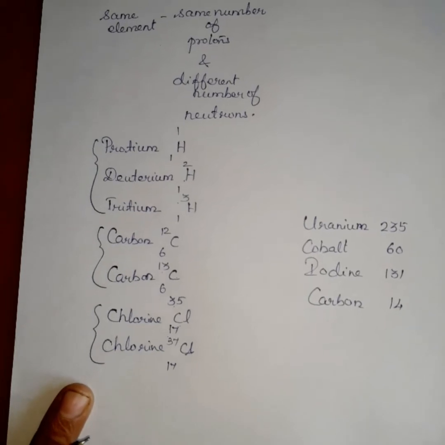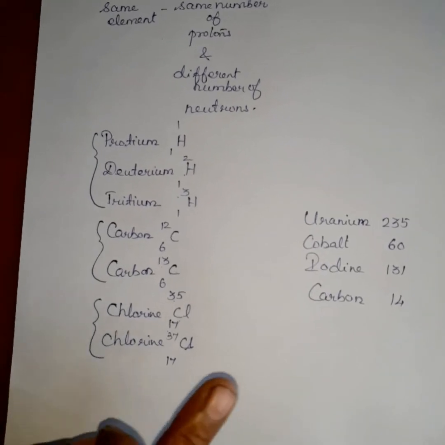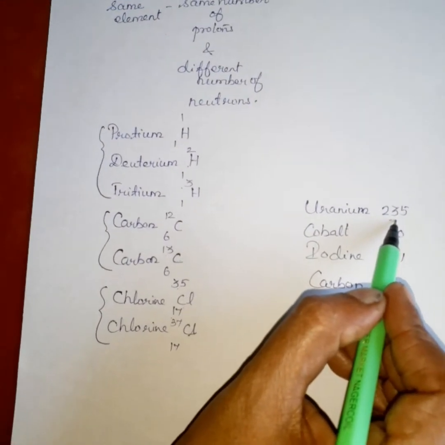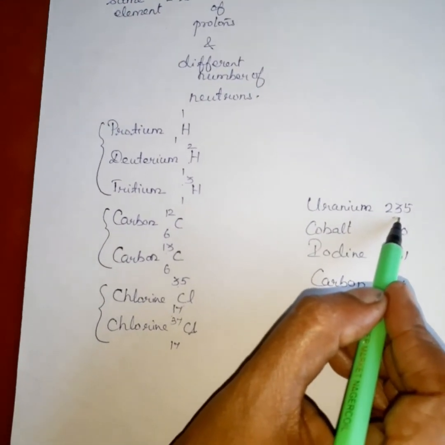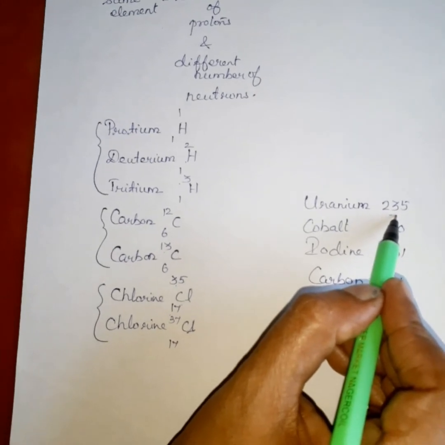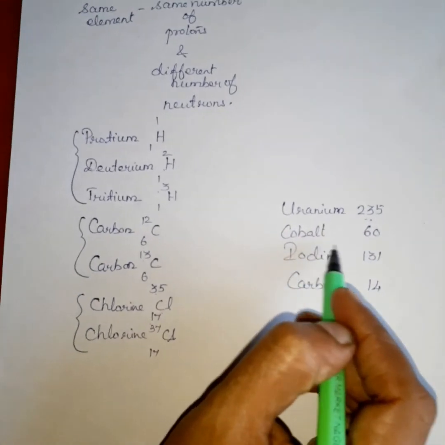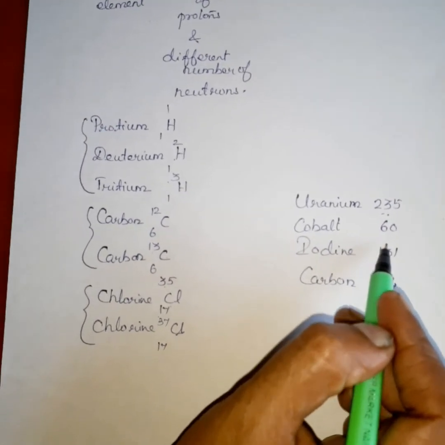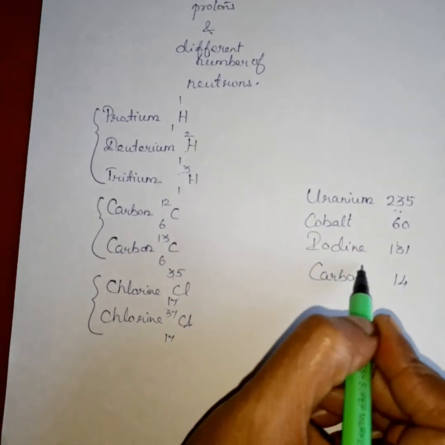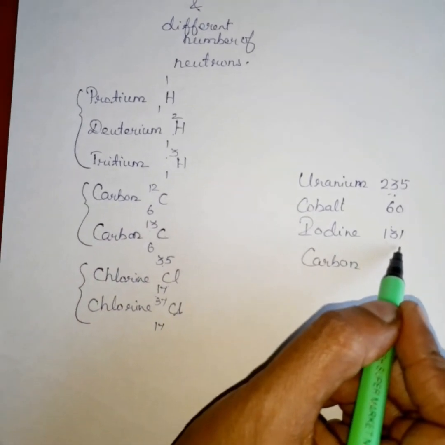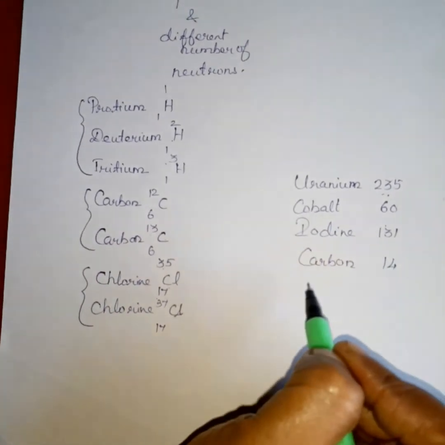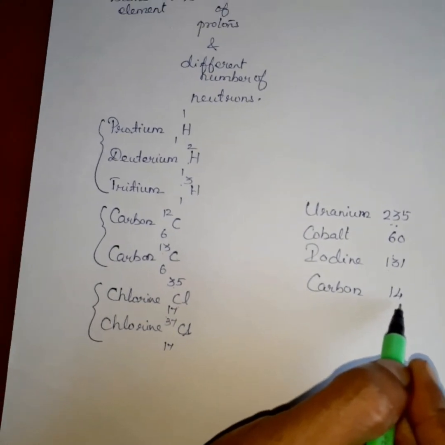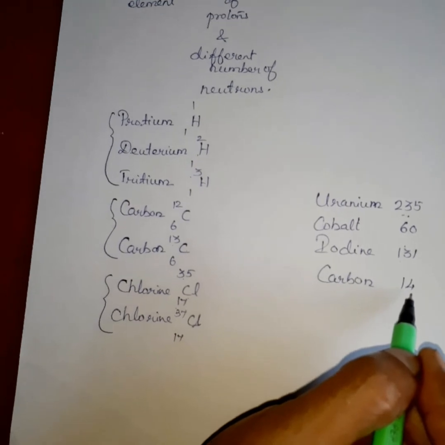For example, uranium 235 is used as fuel in a nuclear reactor. Second one, cobalt 60 is used in the treatment of cancer. Next one, iodine 131 is used in the treatment of goiter. Next one, carbon 14 is used to find out the age of plants and animals.